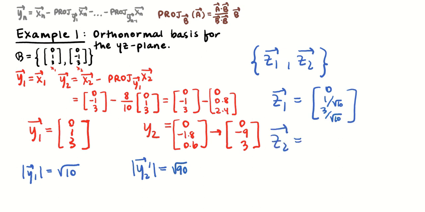And z2 is going to equal y2 divided by the square root of 90. So 0, negative 9 over root 90, and 3 over root 90. Okay. And, well, that's a good example of one where we start off with 3 vectors, but that'll be it.